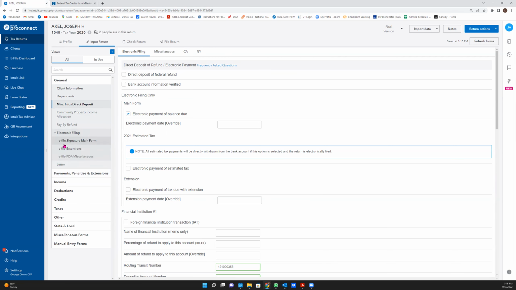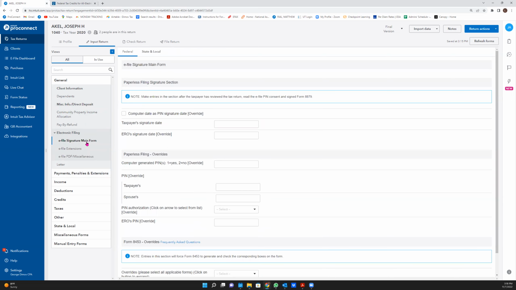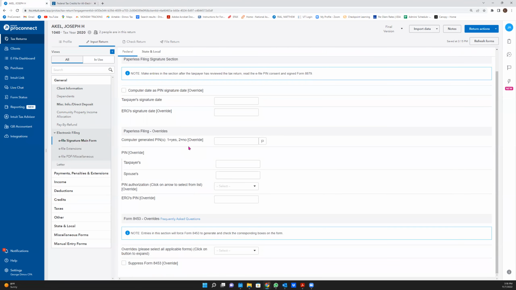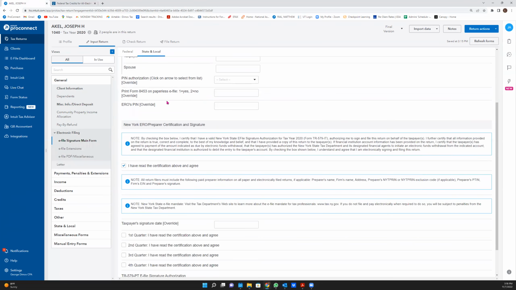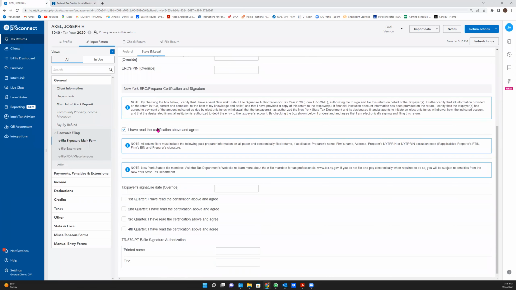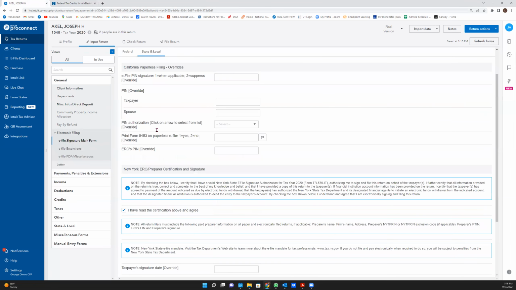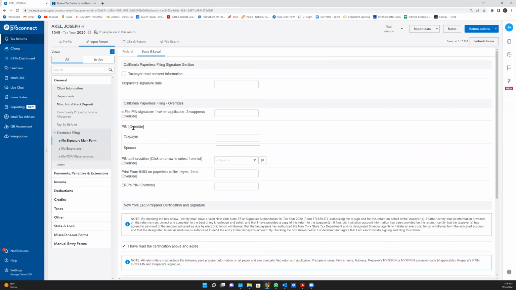Now, electronic filing, e-signature, main form. In certain scenarios, certain states require that things be filled in here. Not every state does, and usually you will see when you're checking the return, there's going to be a diagnostic, but we'll get to that, okay?